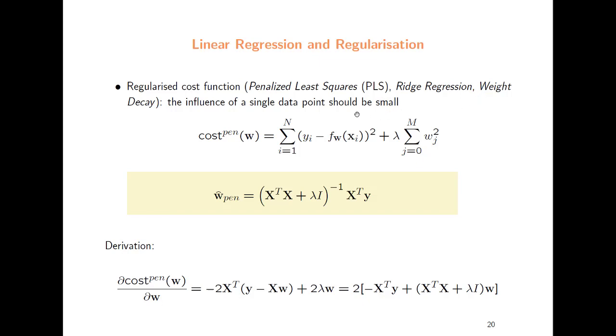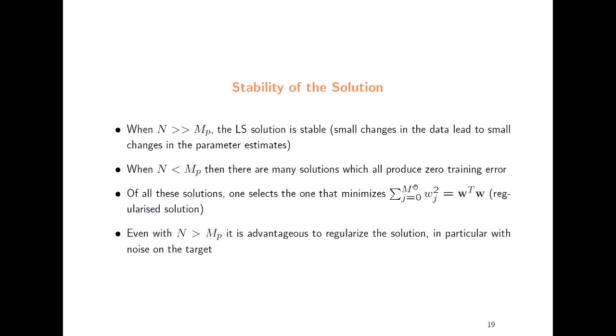So we want to get some stability. If I change one data point a little bit, the solution, the w, shouldn't change dramatically. And in the case that we have many solutions, so many w's give you the same performance, we should pick the one which has the shortest length. The way we're doing it, we are just adding another term to our cost function, which penalizes exactly this term.